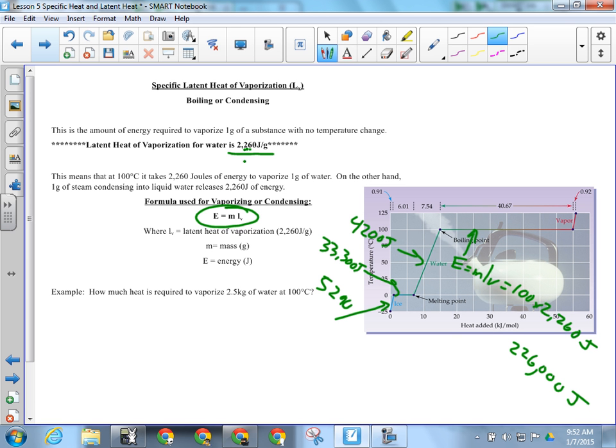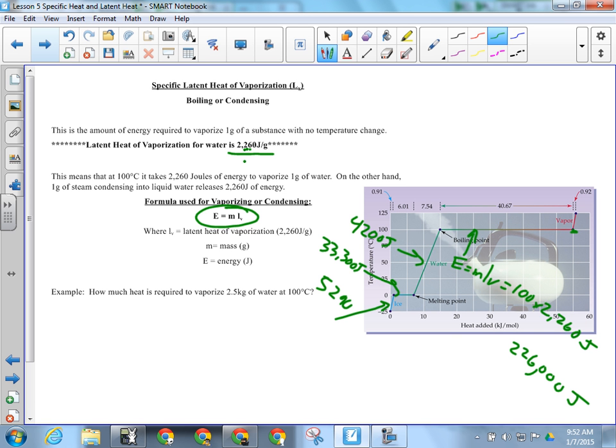All right, so we've calculated all of these things. Now, if I've done that and I've evaporated all the water, what do I have now? I have a whole bunch of steam, 100 grams of steam, at 100 degrees Celsius. If I start heating the steam, what will happen? You've probably never thought about this because it's not something we normally do.